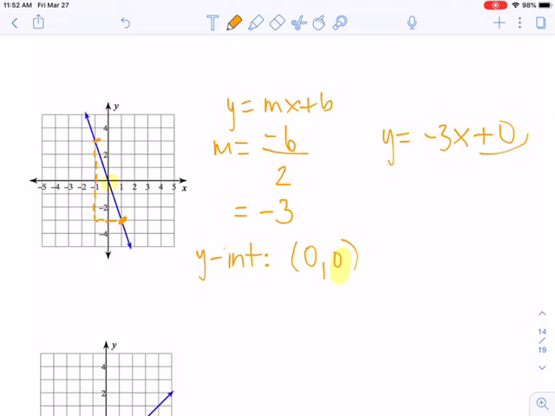Now again, this doesn't actually add anything to our equation, right? So negative 3x plus 0 is the same thing as negative 3x. And so then we're going to simplify to our best and most simplified answer, which is y is equal to negative 3x. Okay, so that is totally fine for the y-intercept to be 0. So then in that case, we would just simplify like we did.